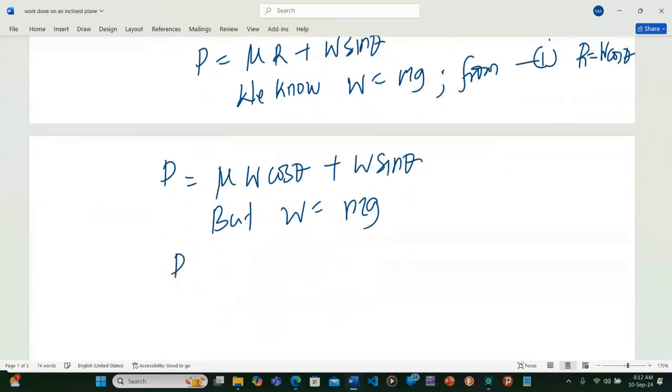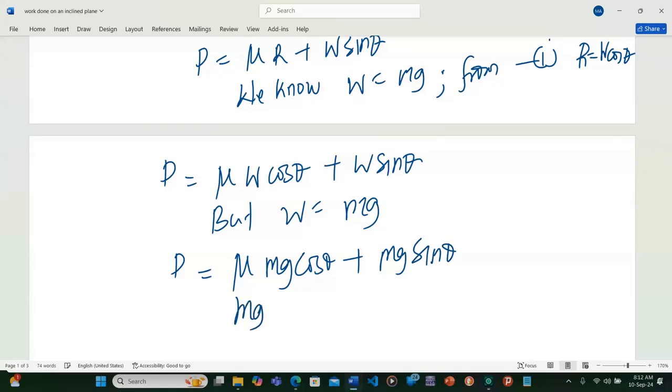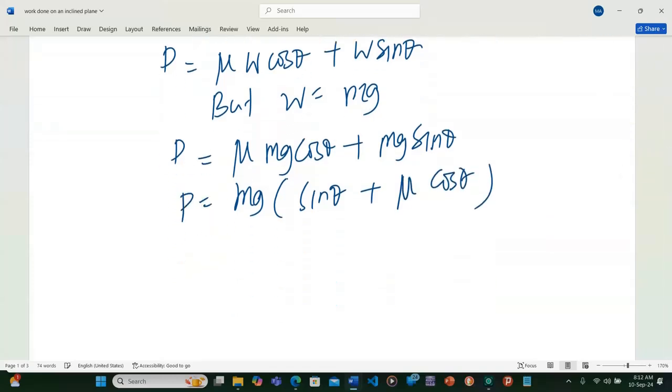Our P will equal mg cos theta plus mg sine theta, then I factorize out mg. So mg (sine theta plus mu cos theta). Okay, that is P. Now, that is equation 2.